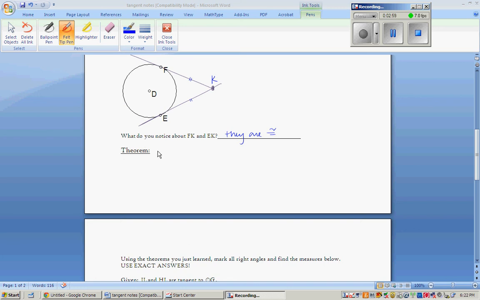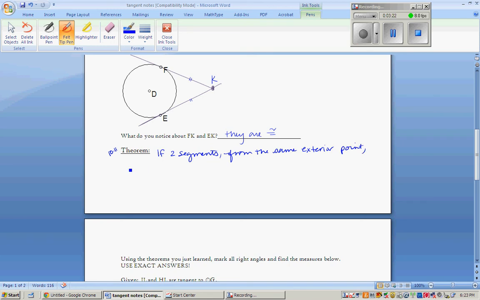There's a little theorem that goes with this. In your book, it would be 10.11, in case you want to reference it. It states that if two segments from the same exterior point, that's the huge part, so if two segments from the same exterior point are tangent to a circle, then they are congruent.